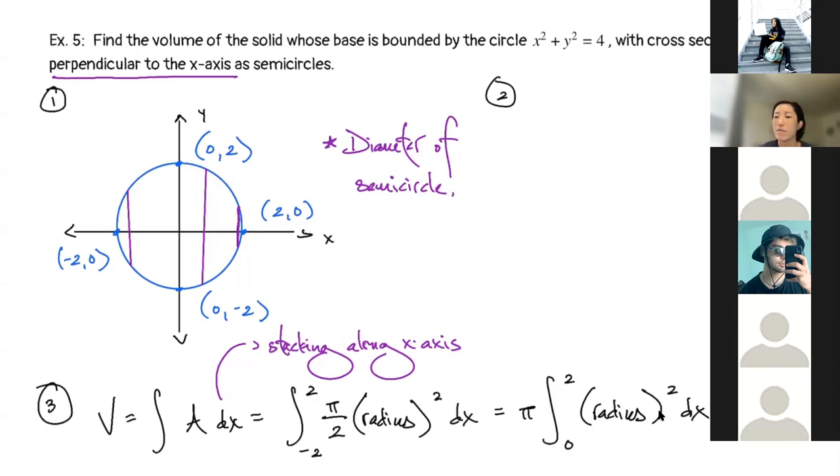Solve for y over 2. Why are we solving for y over 2? It's actually a really interesting point that you bring up. Why do you say y over 2?